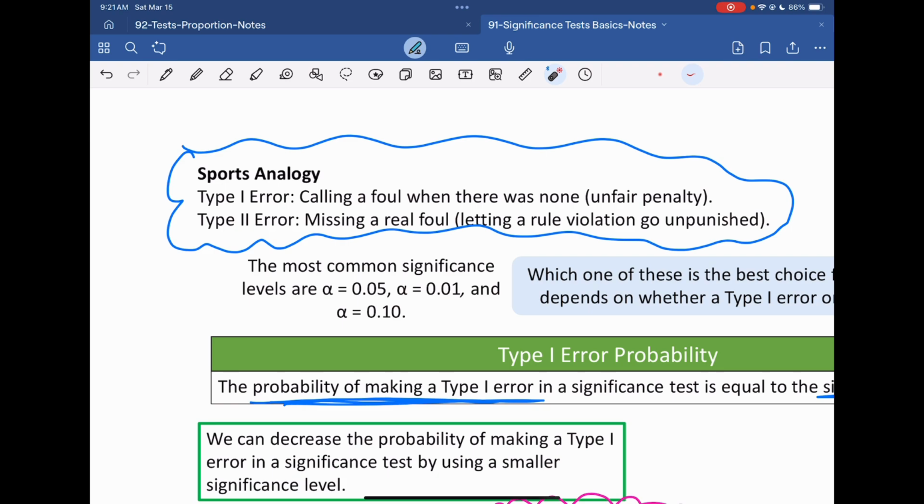And sometimes it's like, oh my God, they're kind of both bad. In this case, I felt like these two were almost as bad, but quickly found out from my students that they really think type 2 errors are the worst when it comes to sports.